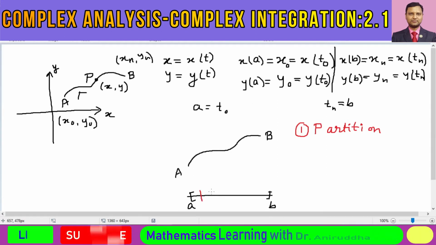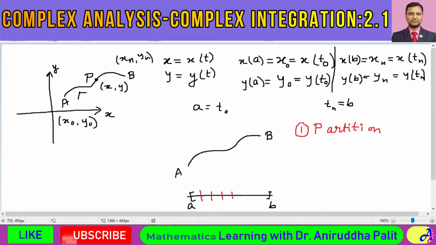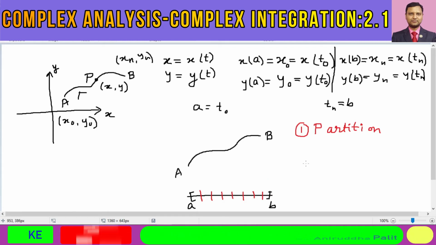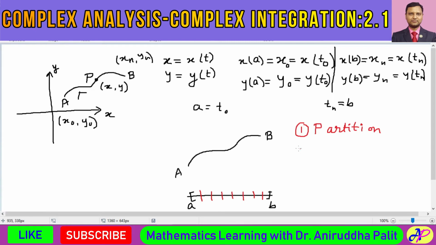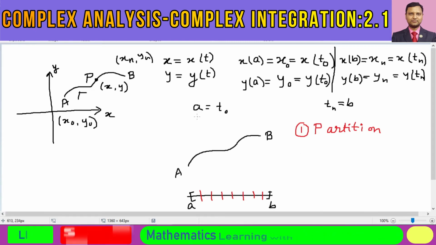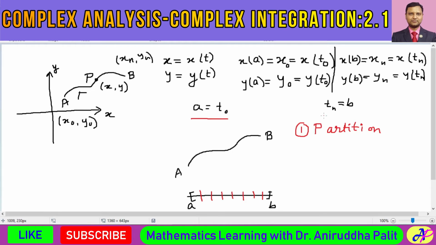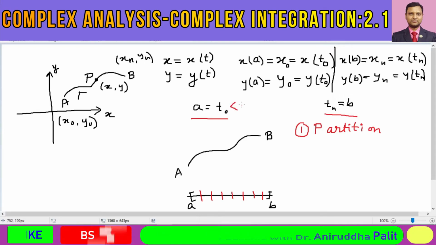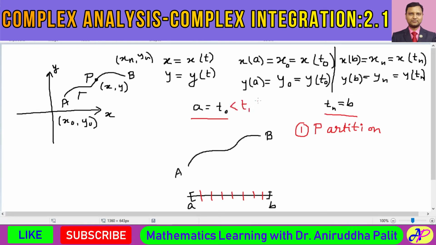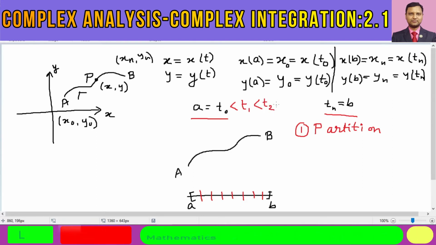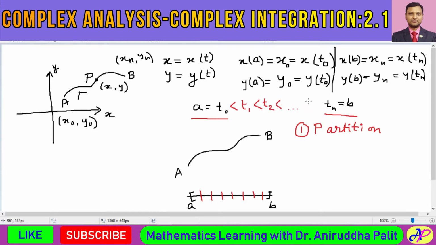Suppose we divide this interval a to b into a finite number of subintervals by introducing certain points. Over here we already have a equal to t0, and t_n, and my target is to introduce a few numbers t1, then t2, and so on, less than t_n.